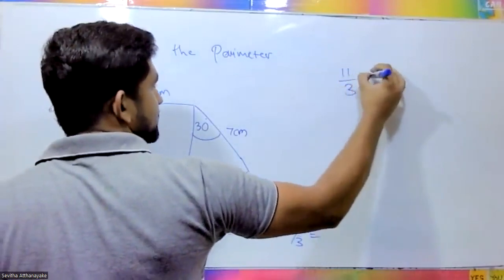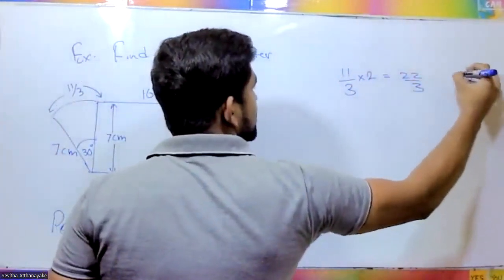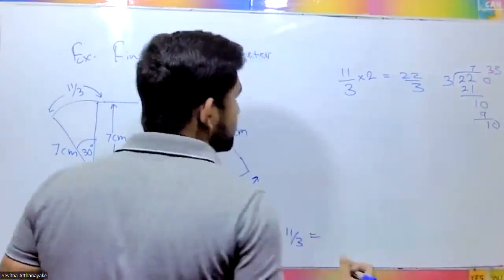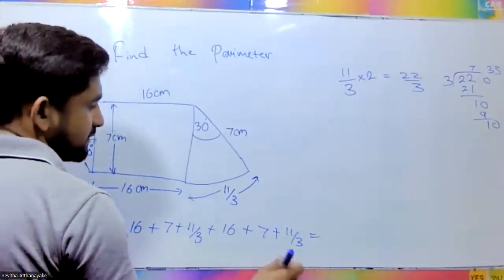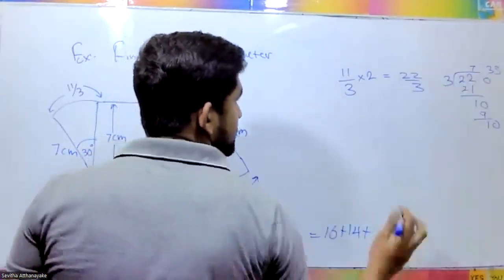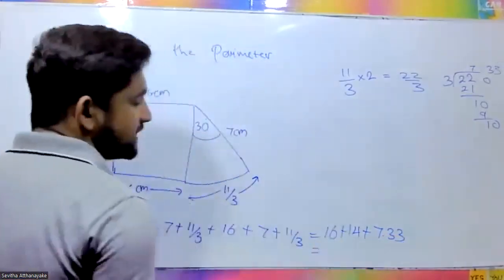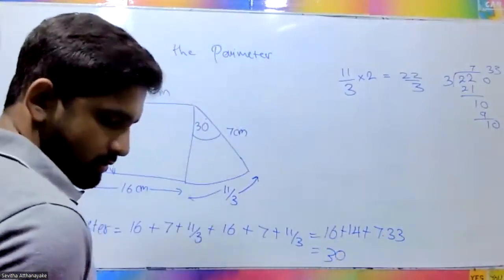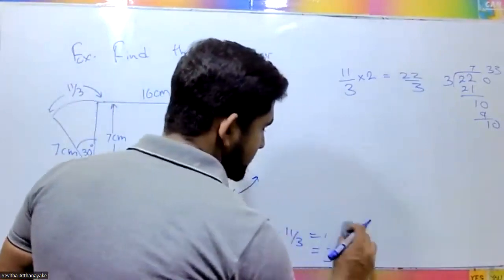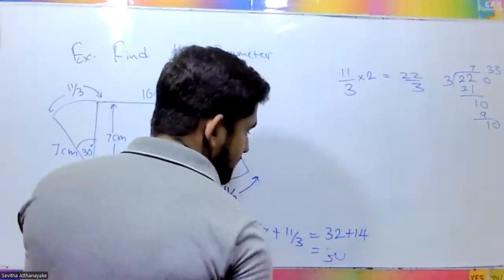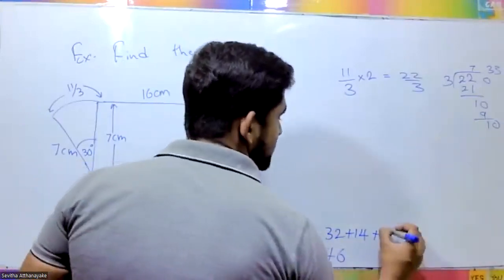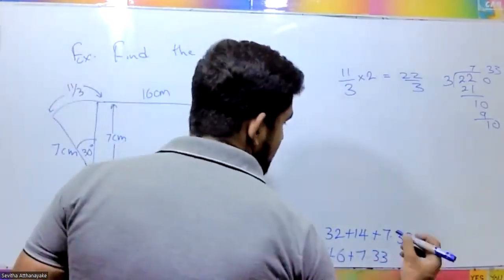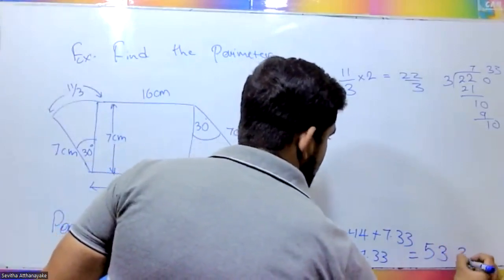I'll simplify that first. 11 over 3 multiplied by 2 is 22 over 3. 22 divided by 3 is 7.33. 16 plus 7 is 23, plus 7.33, and another 16 plus 7 gives 46 in total, plus 7.33, so the answer will be 53.33 centimeters.